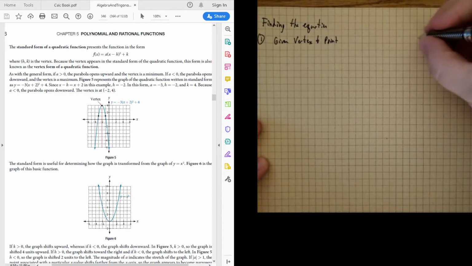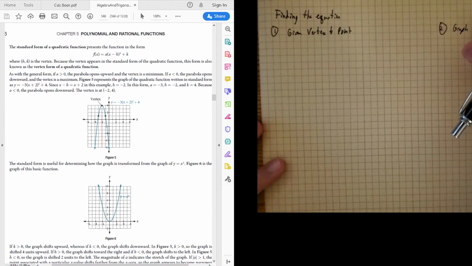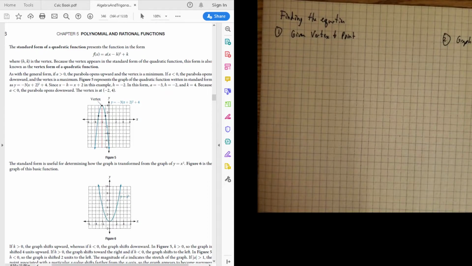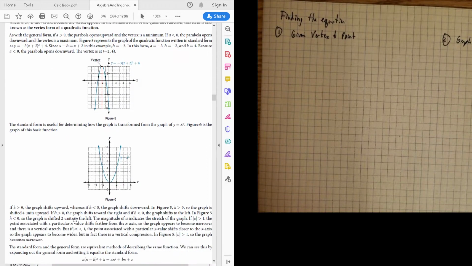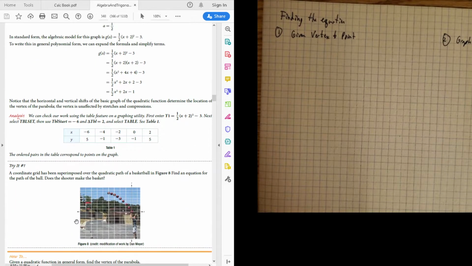The second version is going to be given a graph and a point. Well, I guess with the graph it's more vague. But let's take a look. I'm going to go to my book, showcase some examples, and scrolling.